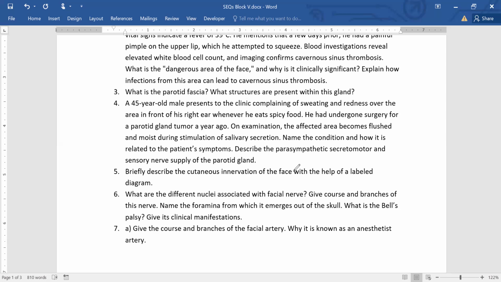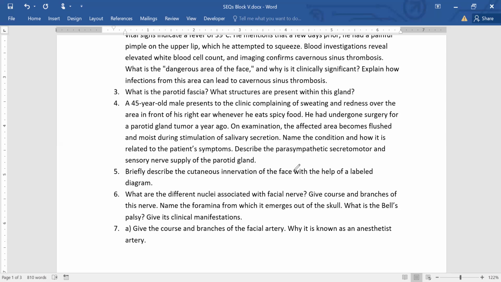Now, another question: give the course and branches of the facial artery and why it is known as the anesthetist artery. Answering this question, students often reply with different answers, and some are very funny. Why is it called the anesthetist artery?